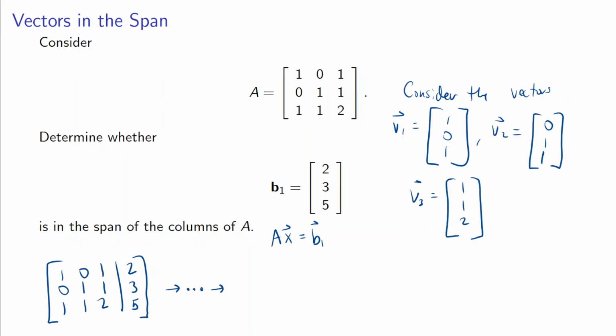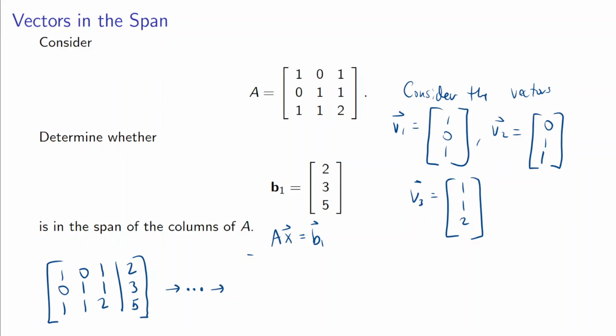And I am going to this time rely on some technology. So I will take a second here and plug this into my calculator and row reduce this. You're certainly welcome to try this by hand or also row reduce on a calculator.